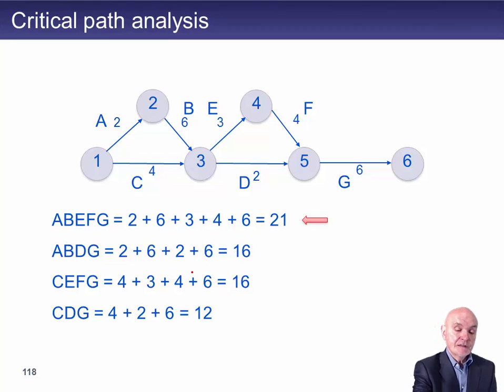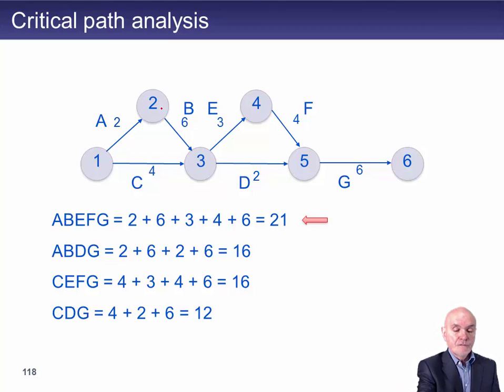Activities is the A, B, C, D, E, F, G. So 7 activities in there, 7 things to do, stages, if you like, of building a house. And the numbers coming after them, A2, means that's taking 2 days or 2 weeks. It doesn't matter what it is. The B is taking 6 days or 6 weeks. Let's call it weeks.